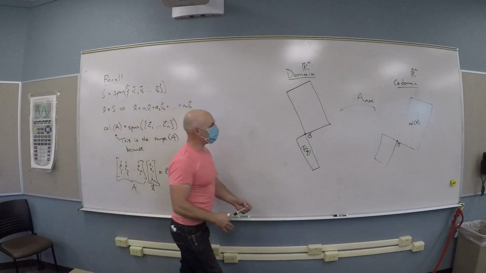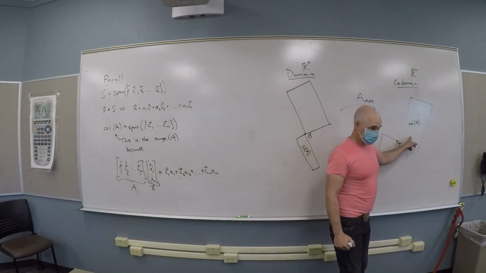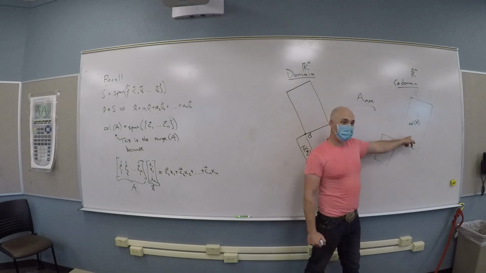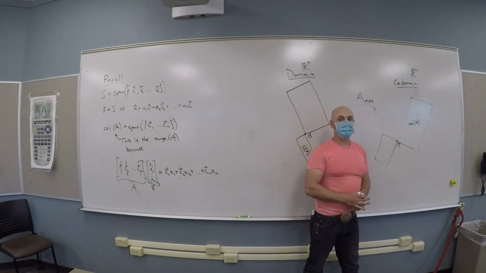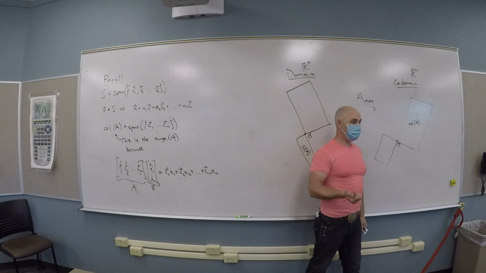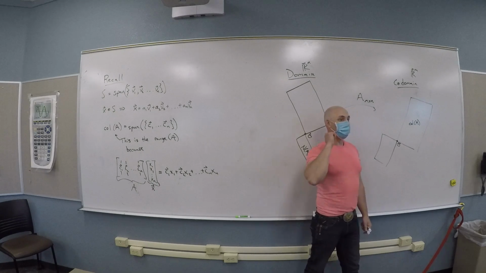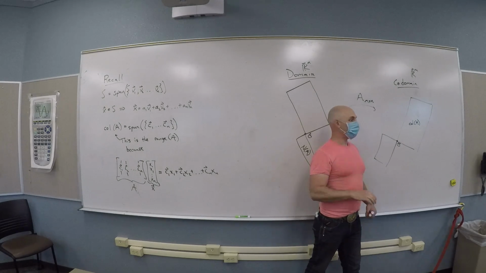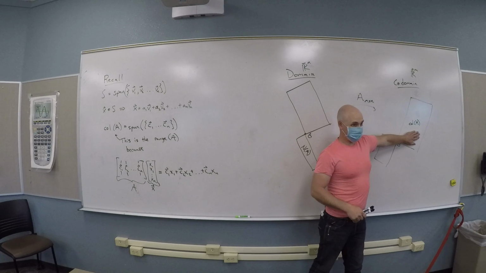The reason I'm drawing rectangles up here is that they are subspaces, and subspaces are flat and pass through 0. You see that? So I'm drawing these flat.